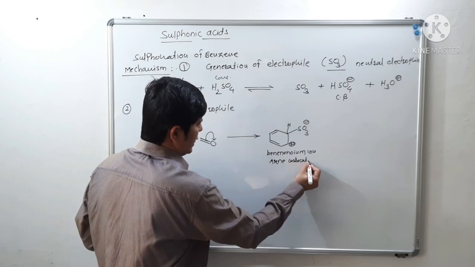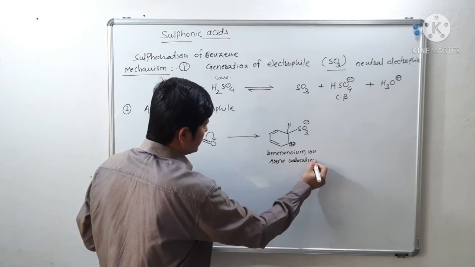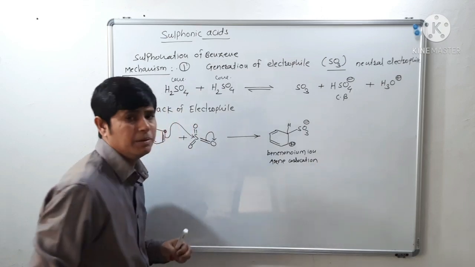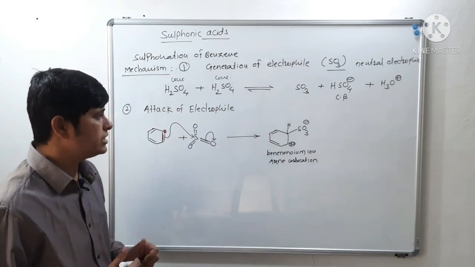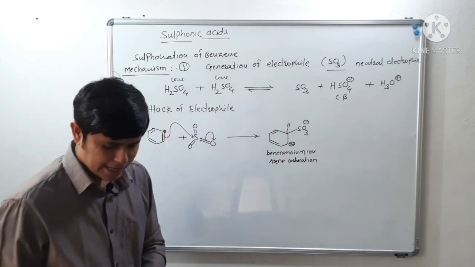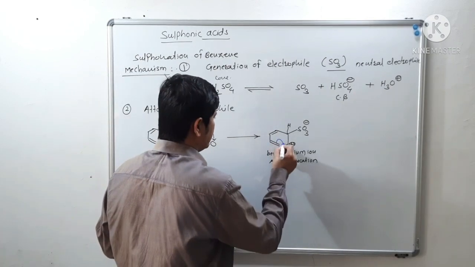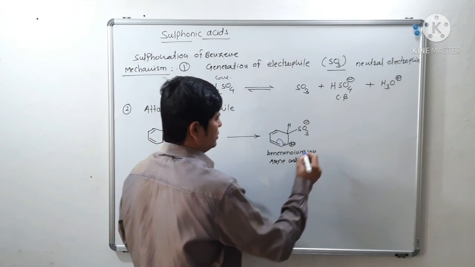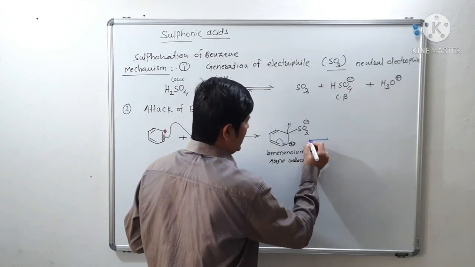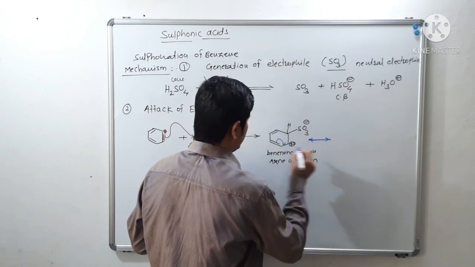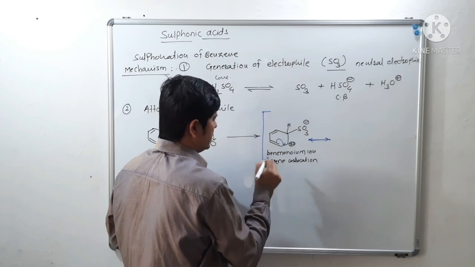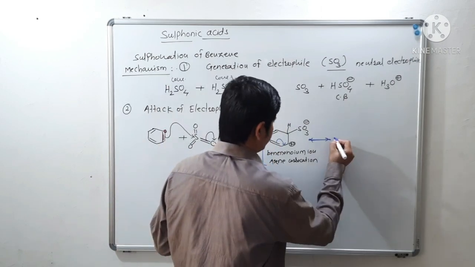This arene carbocation, or benzenonium intermediate, is quite stable because we can write resonating structures for it. This carbocation is stabilized by resonance.